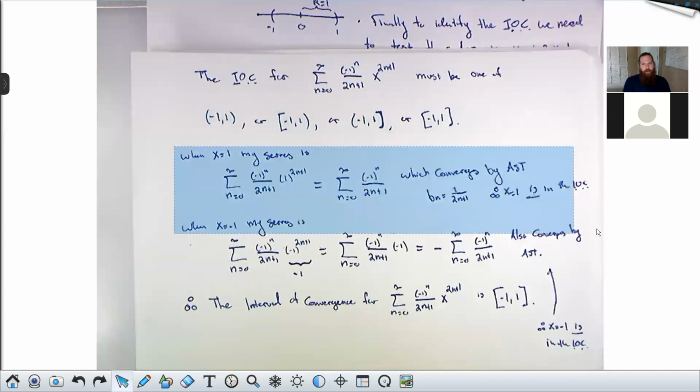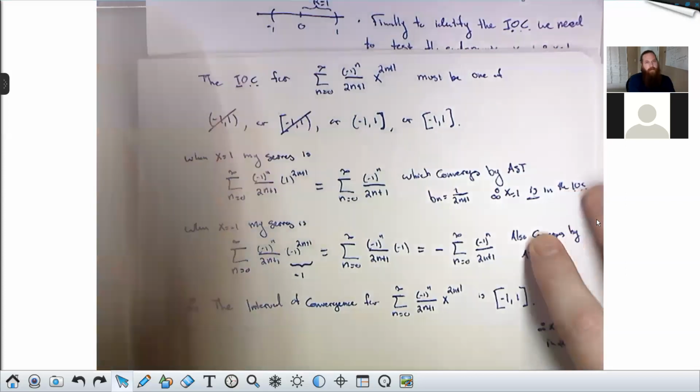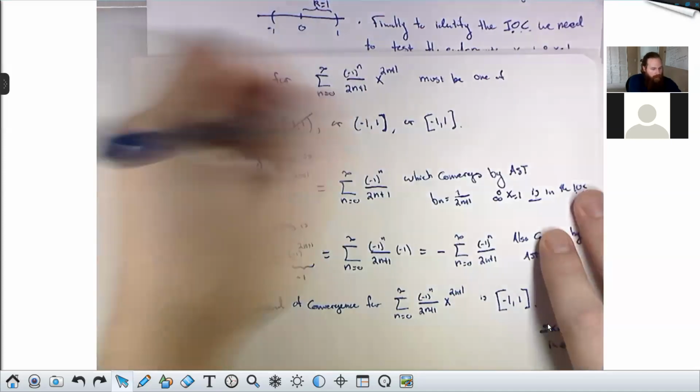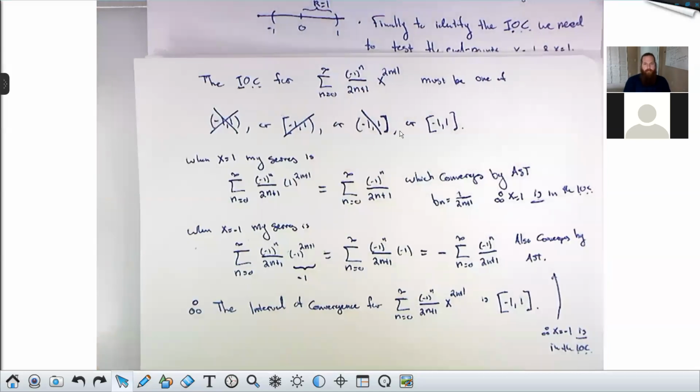So my little work here told me that it had to contain 1. So from the first bit, I learned that it can't be this guy and it can't be this guy, because neither of them contain +1. From my second endpoint work, I learned that -1 has to be in the series, so it can't be this guy and it can't be this guy. So the only one which remains is this guy.